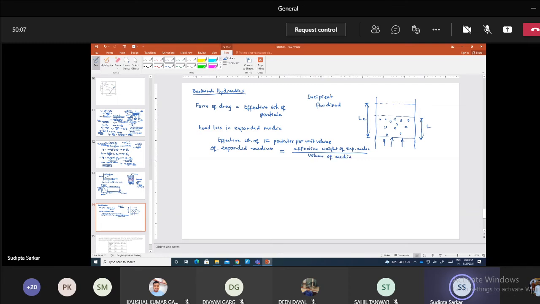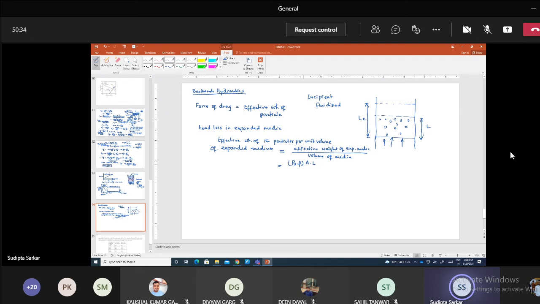We said per unit volume. So what is the effective weight? Simple. This is rho s minus rho, into area A, and L. This is the effective weight of the media.